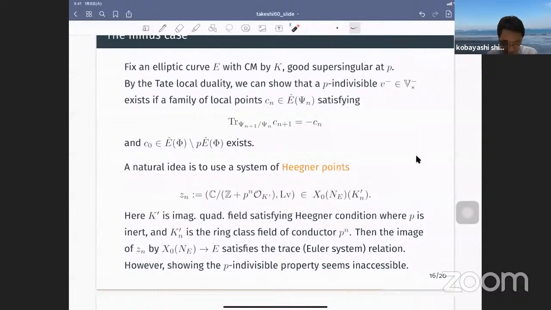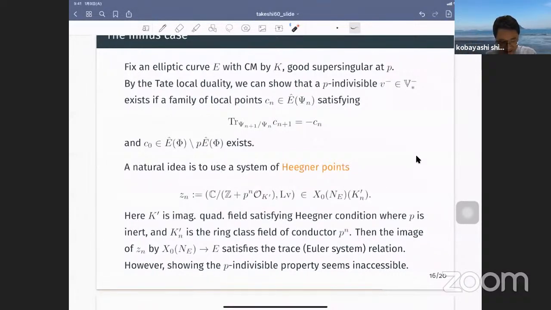So Rubin considered Heegner points and the modular parameterization, and sent Heegner points to E, and then he has such local points, but to show the p-indivisibility result is very hard. For example, I think it is not accessible even now.